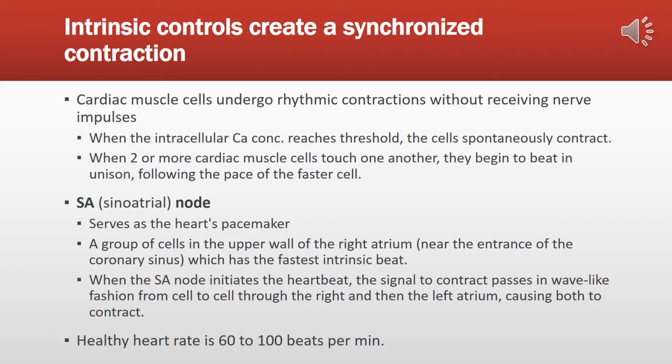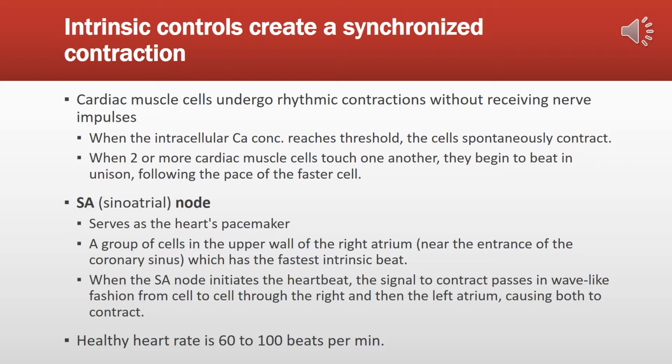So because the intrinsic controls control heart rate on a day-to-day basis, they need to create synchronized contraction. Cardiac muscles undergo rhythmic contractions without receiving nerve impulses, which is a very good thing because we wouldn't really want to think or send a conscious thought through our brain each time the heart needed to beat.